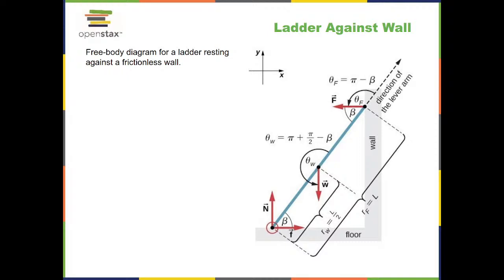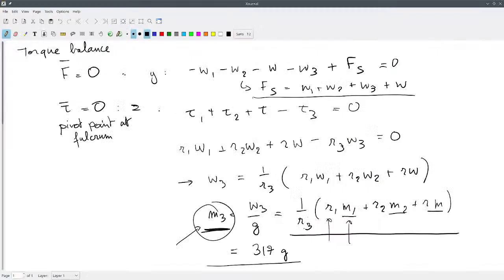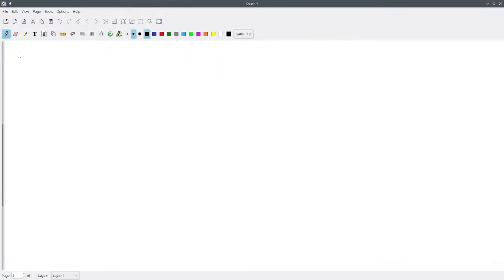So let's look at that in the x direction. This component is horizontal, big F and little f is horizontal. So the sum of those two will have to be equal to 0. Or in other words, little f and big F are going to have to be equal in magnitude.